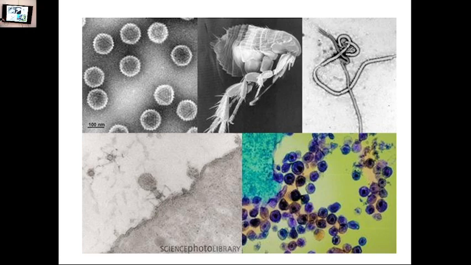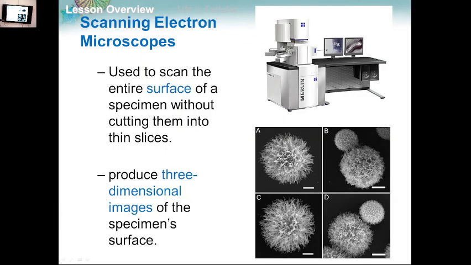They are flat 2D, okay? While the scanning electron microscope is used to scan the entire surface of the specimen without cutting it into thin slices, and it produces 3D images of the specimen surface. So a surface of the specimen and a 3D image. So make sure to memorize the nature of the image for the electron microscope types, okay?